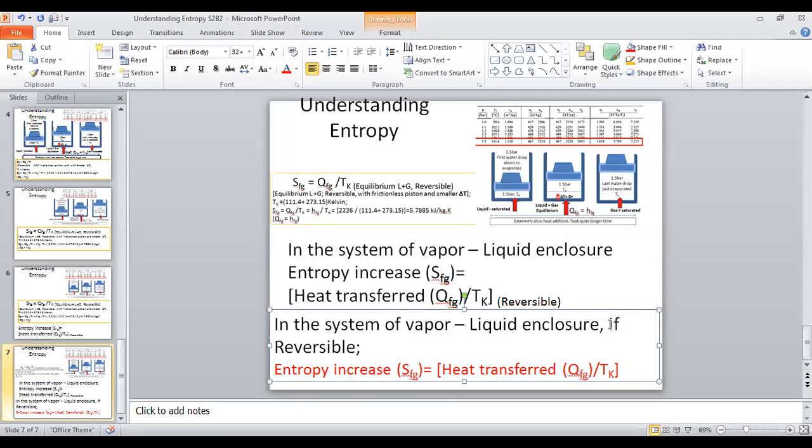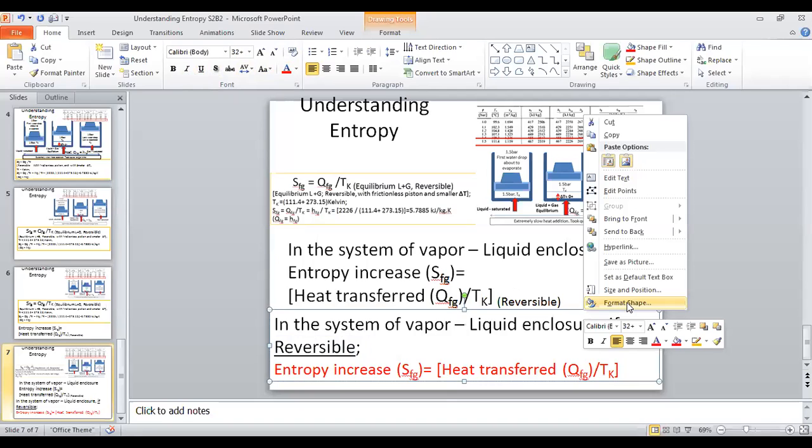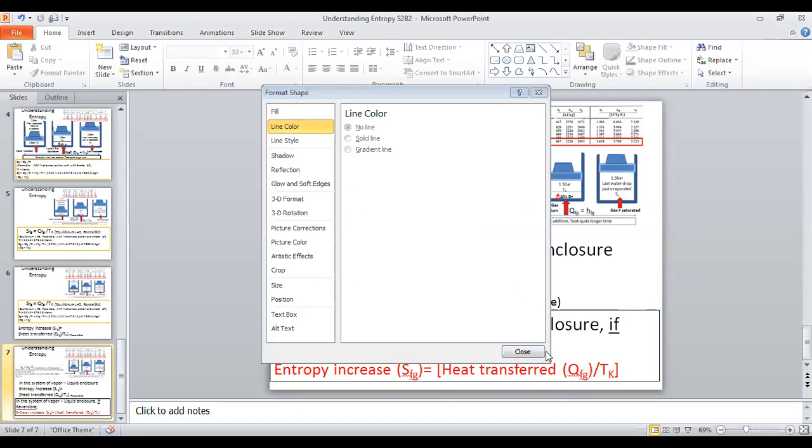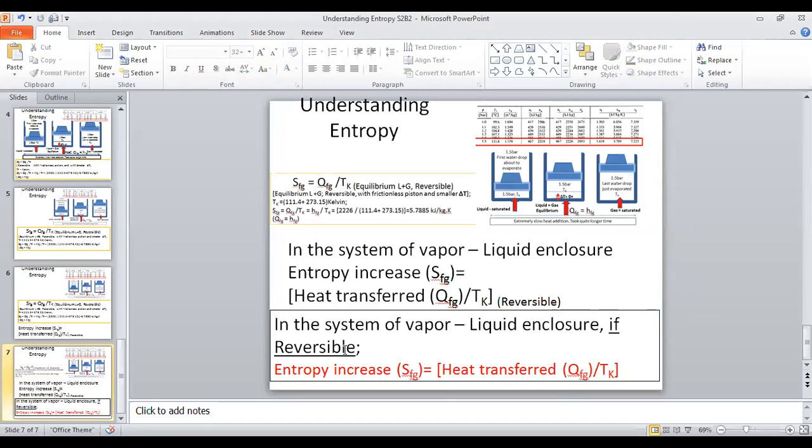If reversible. Every time I put reversible within brackets, so I put here, if reversible. Very interesting.